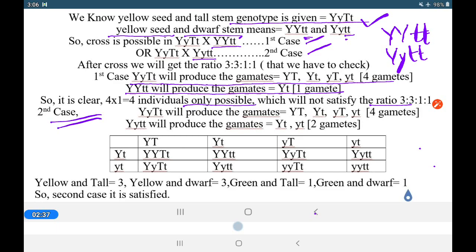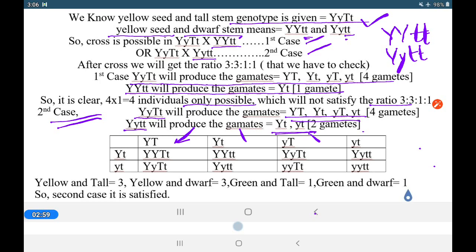In the second case, look here, the heterozygous one produces these 2 gametes, and here the 4 gametes are already there, which is given, so we can arrange it and get 8 individuals.